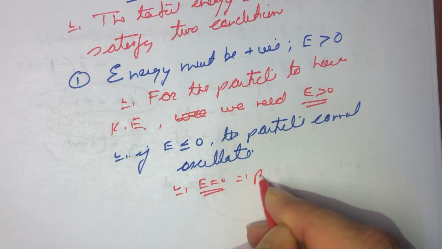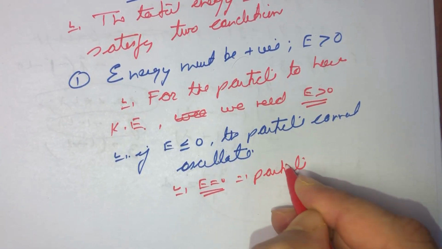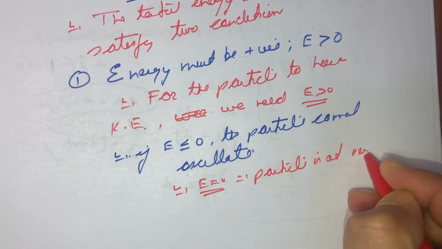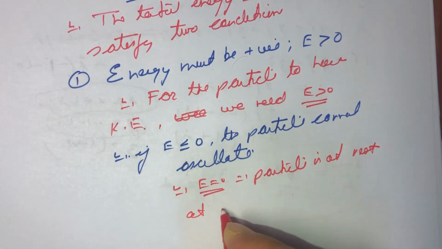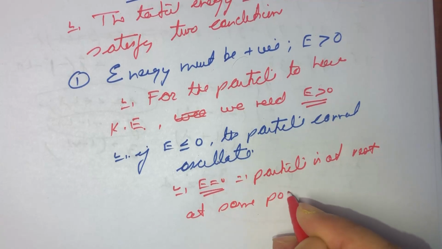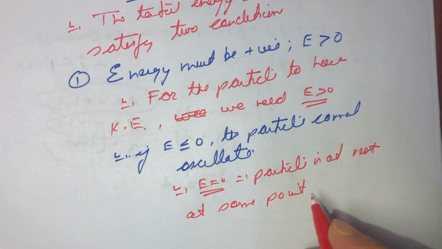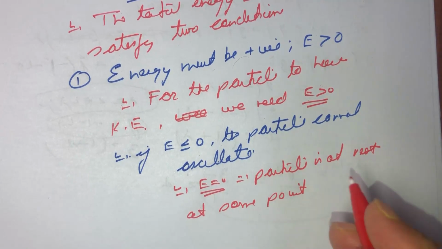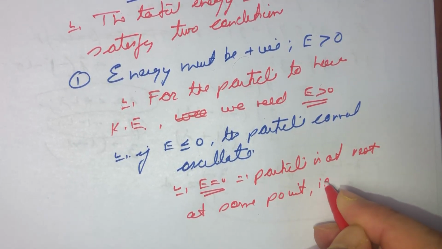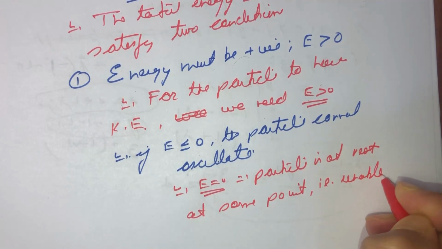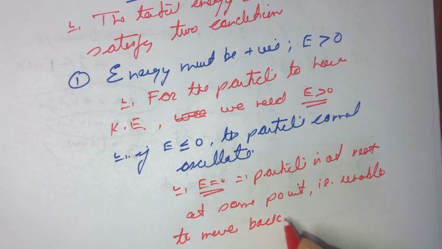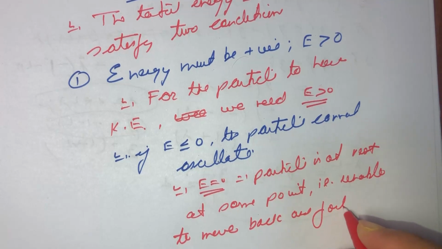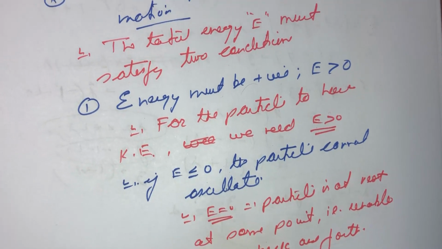Which basically means that the particle is at rest at any point, that is, it is unable to move back and forth. So if the particle is not moving back and forth, it is not executing SHM.